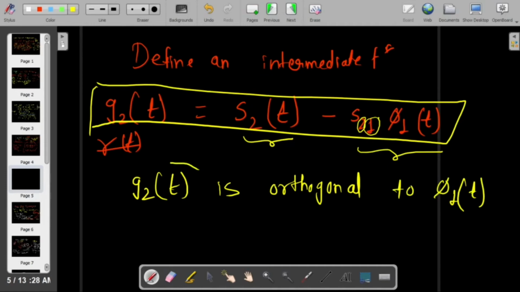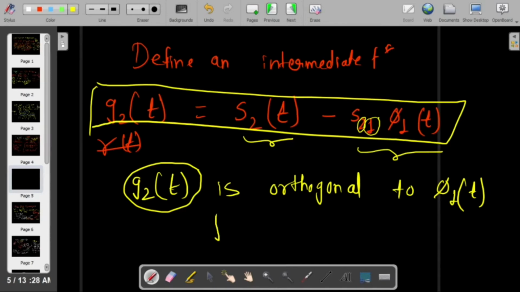We will calculate phi 2(t) from g2(t), but we know that phi 1 and phi 2 should be orthogonal as well as orthonormal, and the orthonormal definition says that it is orthogonal in itself and in addition they have unit energy as well, right? So let us verify this.